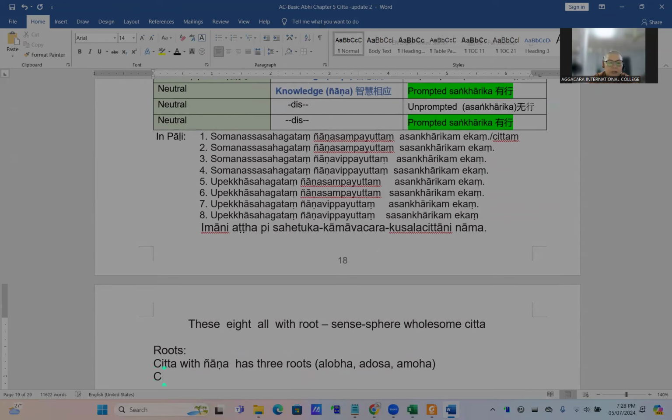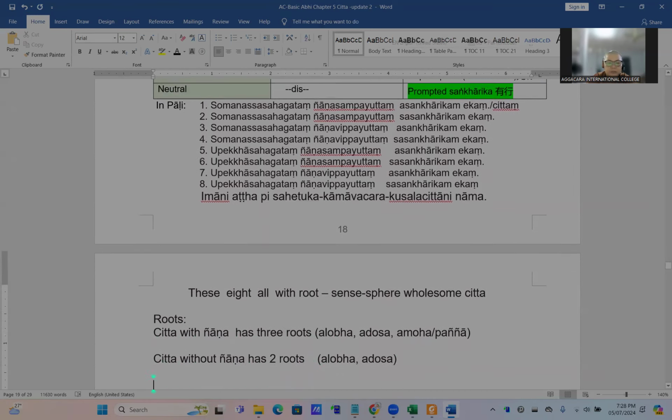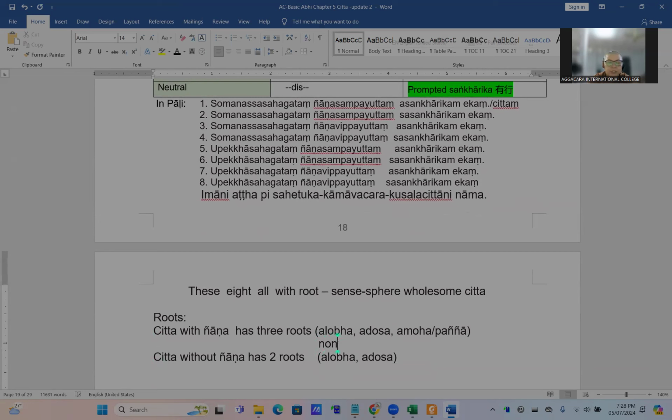Citta without nana has two roots: alobha, adosa. Amoha is the same as panna, the wisdom root. So non-greed, non-hatred, non-delusion.